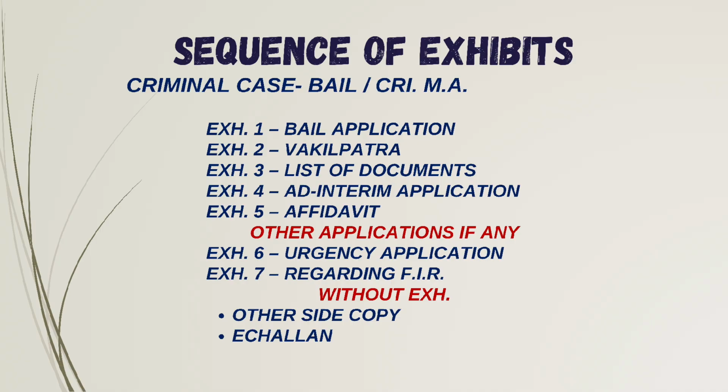Exhibit 5 is affidavit, and if there is no interim application, affidavit becomes the exhibit 4. And the other documents, that means if you have urgency application or application seeking permission to file FIR later on, so this will be the other applications. And you need to file the other side copy, means exhibit 1 and exhibit 3, copy of that, and exhibit 4, copy of that, and then the e-challan.